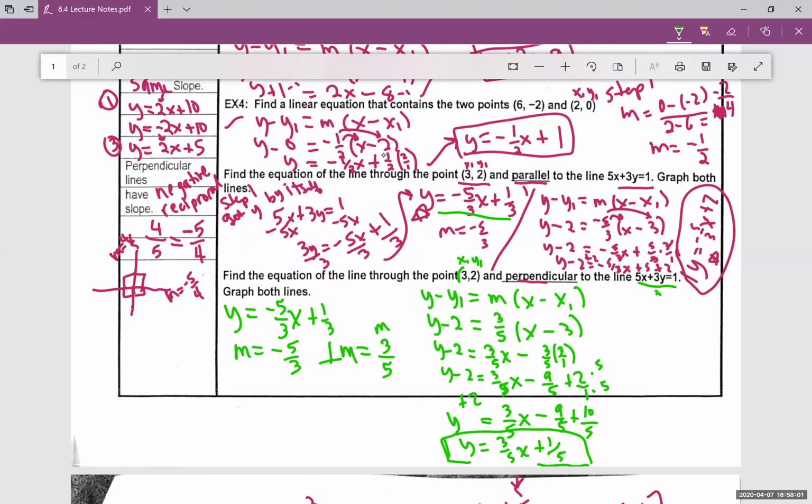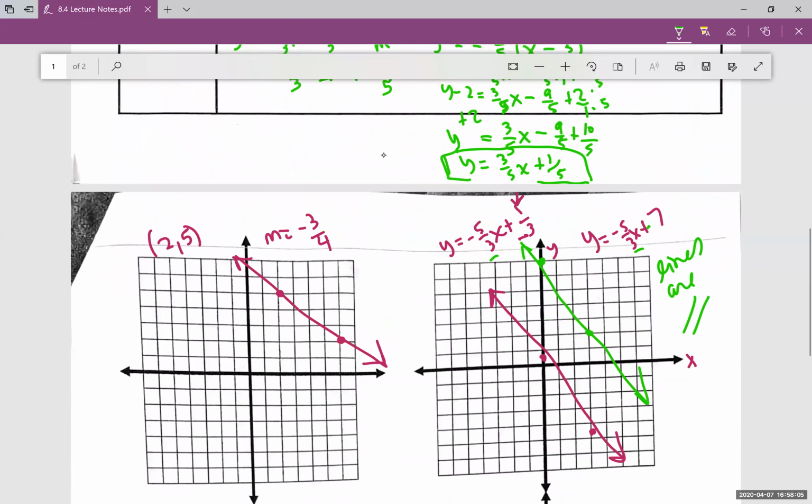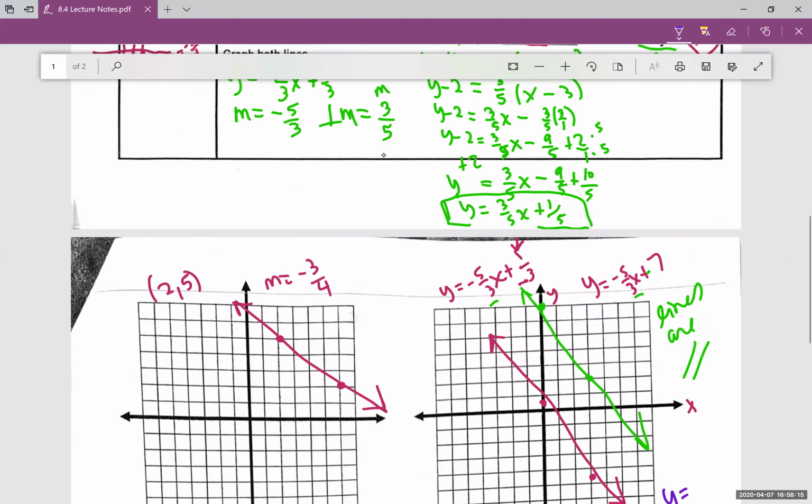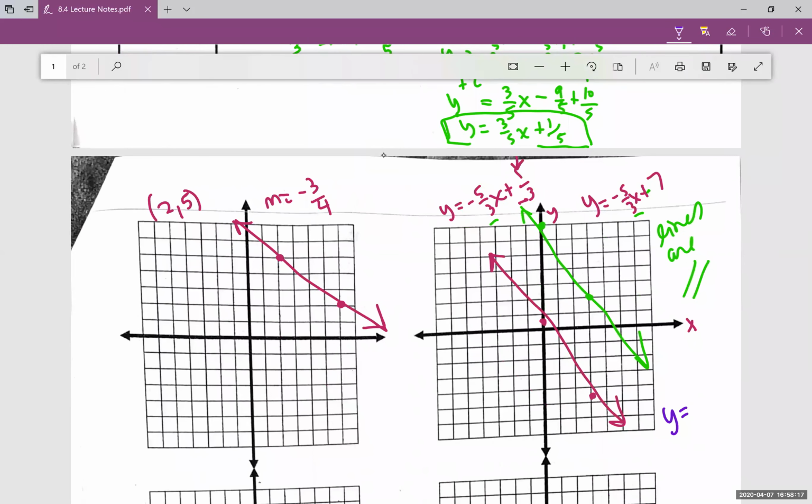and we're going to graph it so I can show it to you. Okay, and actually let's graph it on this same graph, because we just grab a different color here. The perpendicular line is going to be y equals 3/5 x plus 1/5. This was the original line right here. Now, if I graph this one, this is the y-intercept, (0, 1/5).